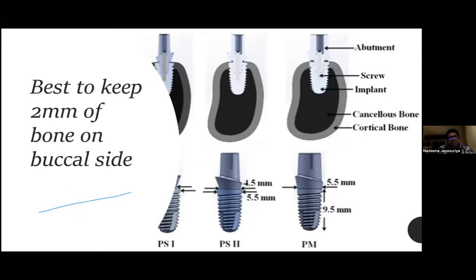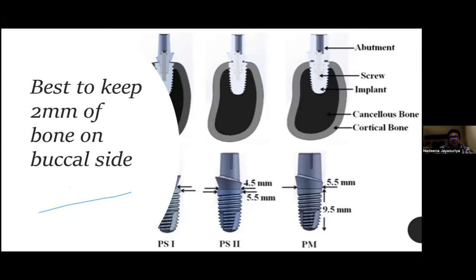If you can put a reasonably sized implant and leave a nice collar of bone around the implant, at least about 2 millimeters, then the implant is going to be very successful. So apart from putting the implant, it's very important to have a good bone cover and a healthy gum over the implants.